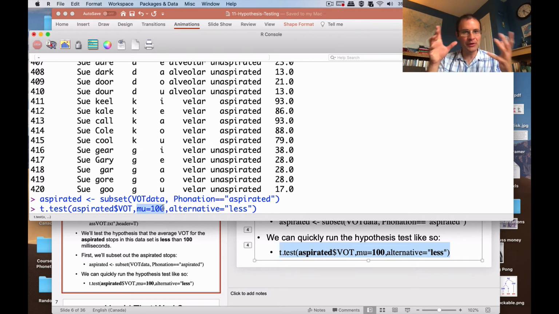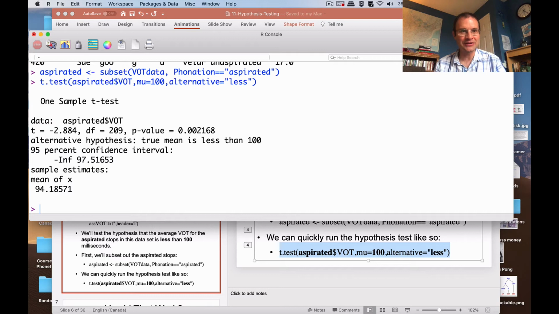Mu, remember, is the way we represent our population mean, the Greek letter mu, that we're hypothesizing is 100 milliseconds. And we're going to test this hypothesis that our actual sample mean is less than that. And all I've got to do here is put this in the right order within the parentheses and then hit return, and it's going to give me an answer. We don't know how to interpret it yet because it's just going to look like a lot of numbers, but that's what it's going to tell us.